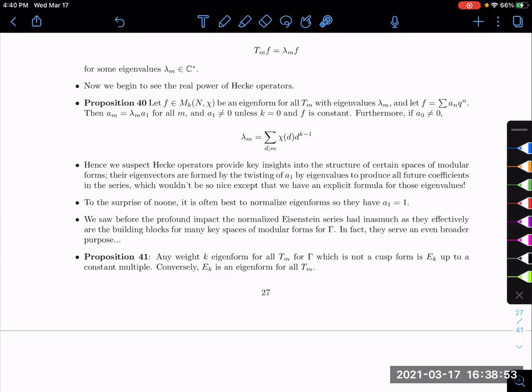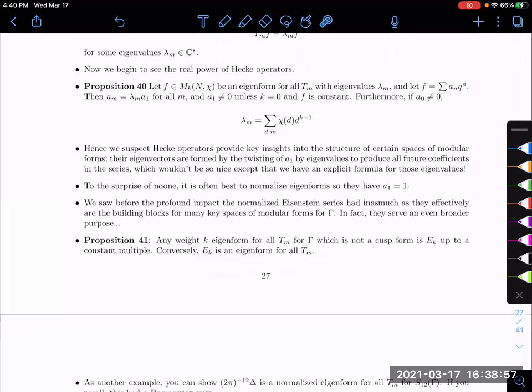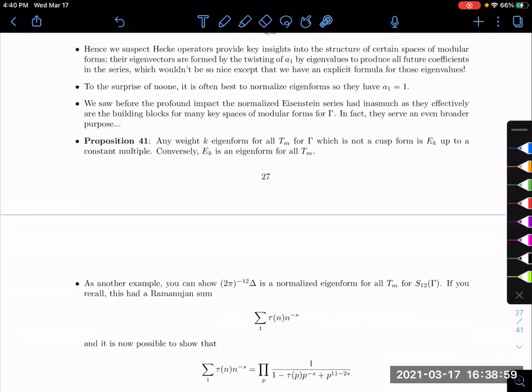Okay, so here's a really crucial proposition about eigenforms. First of all, they exist, because any weight k eigenform for all T_m at once for the full group SL2Z, which is not a cusp form, is the normalized Eisenstein series E_k up to a constant multiple.